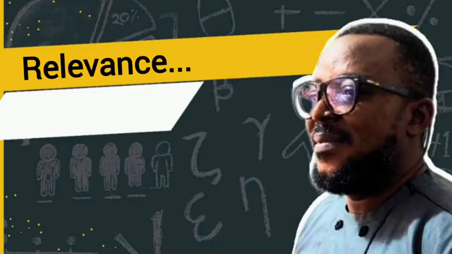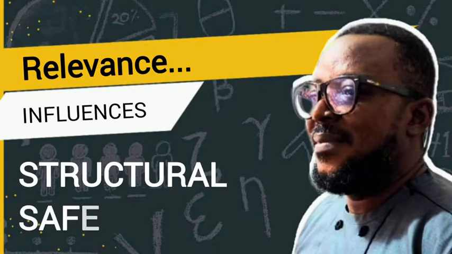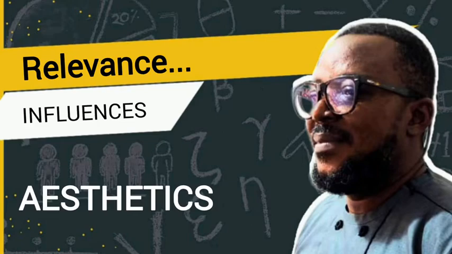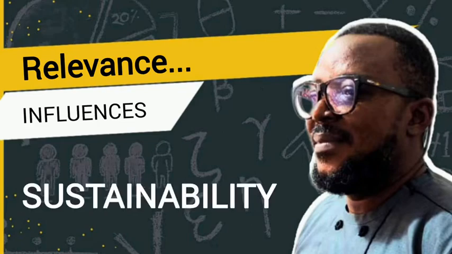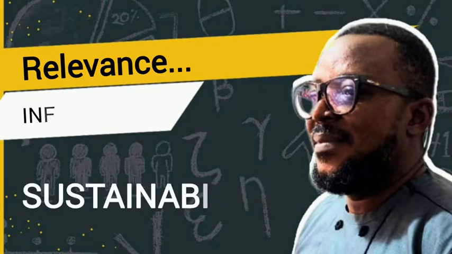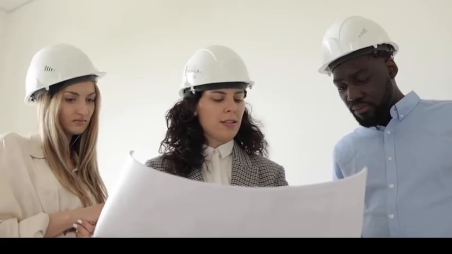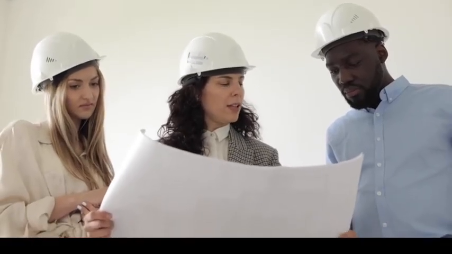What is the relevance of materials to architecture, if I may ask? Material selection influences structural safety, aesthetics, and sustainability. Therefore, architects must understand material properties to make informed design decisions.